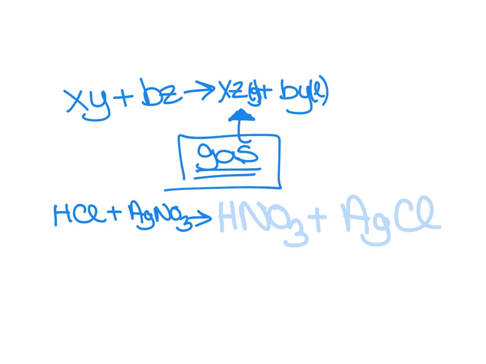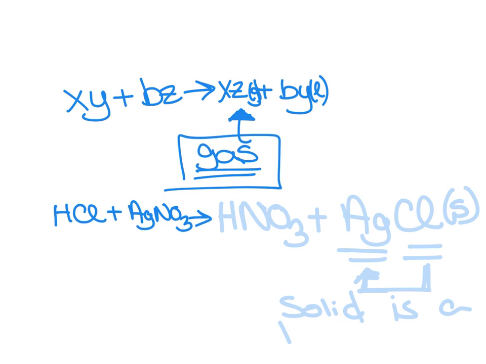And if you look at table F, you'll note that silver with chloride is an exception to chlorides being soluble, so that makes it a solid. The solid product is the precipitate.